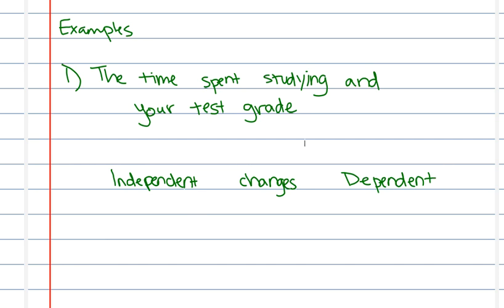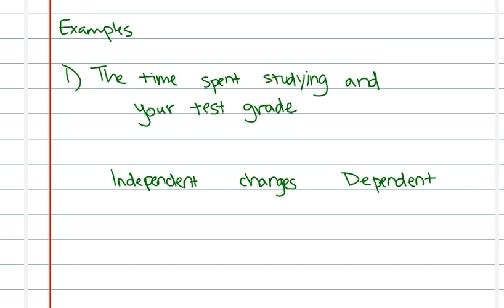So kind of like before, after, cause, effect. What would happen first? Would I first study and that would change my test grade? Or would my test grade change the time I studied for the test? Well, I can't really go back in time.